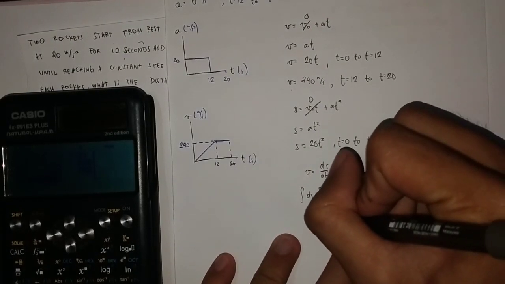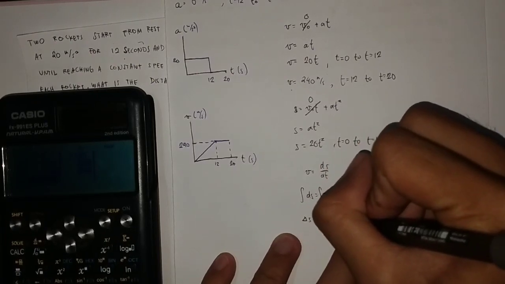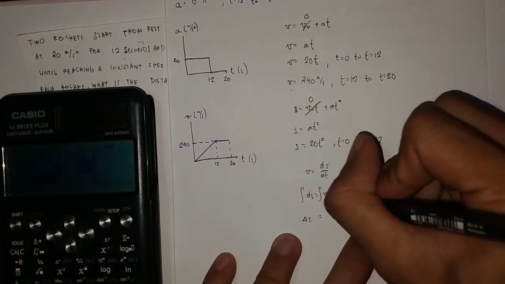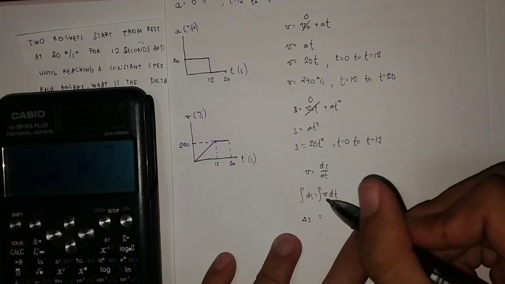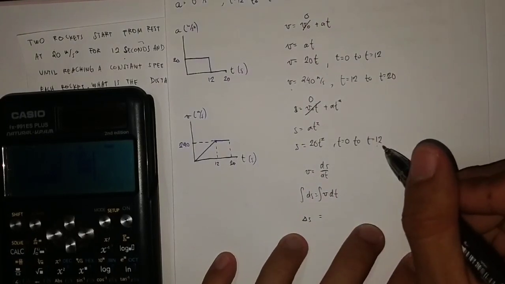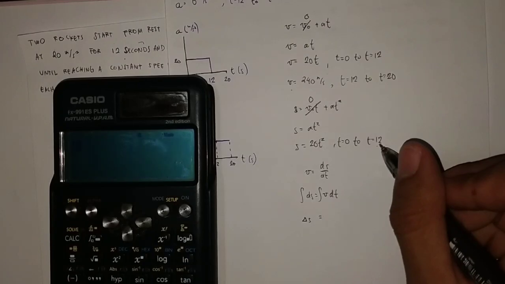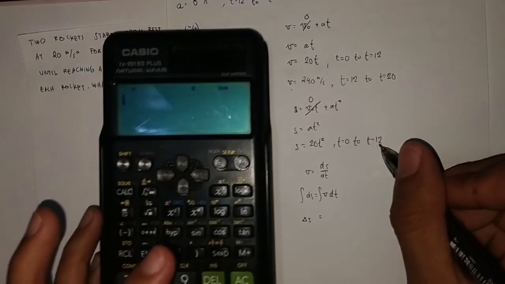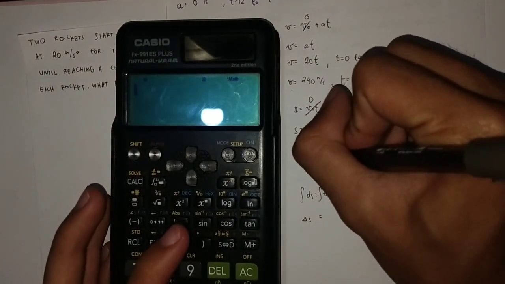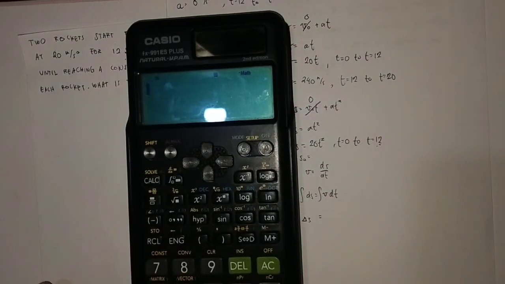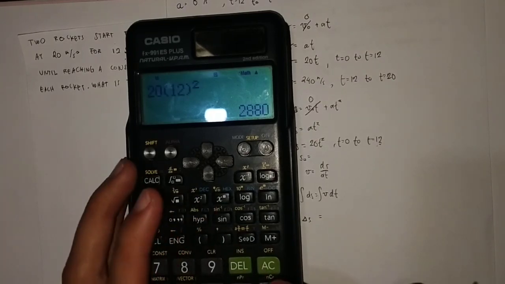Let's say our limits here are at 12 seconds. Therefore, at 12 seconds, let's compute the displacement. At 12 seconds, s equals 20 times 12 squared.